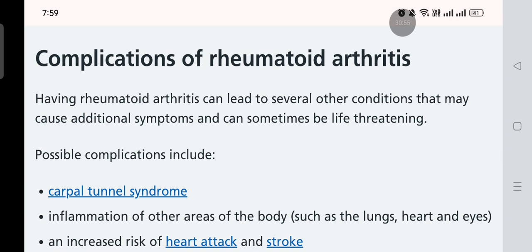Complications of rheumatoid arthritis. Having rheumatoid arthritis can lead to several other conditions that may cause additional symptoms and can sometimes be life threatening.